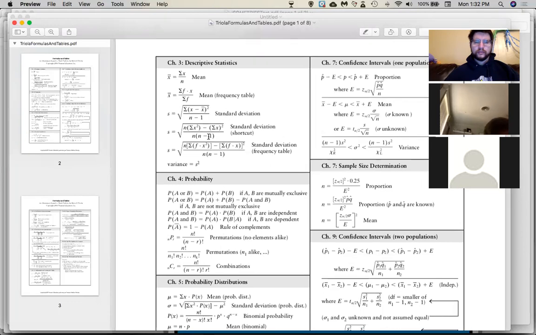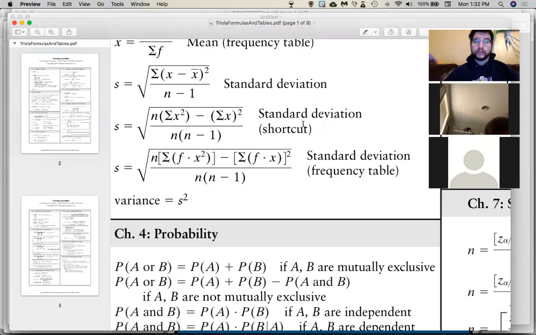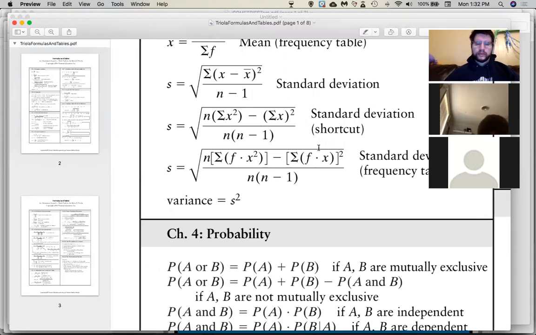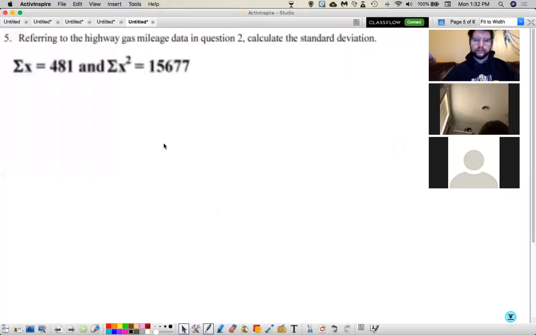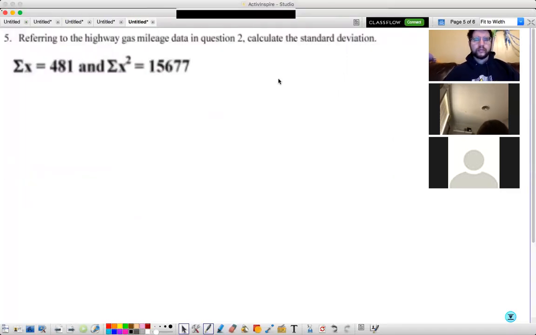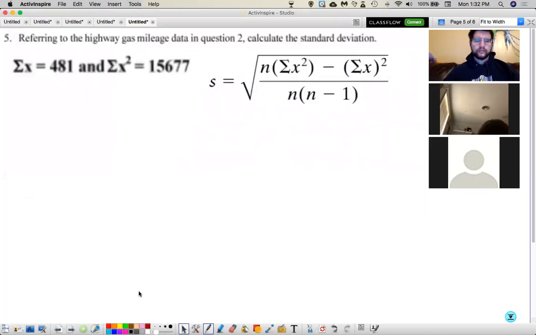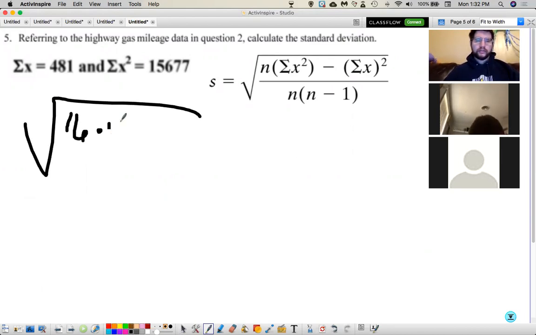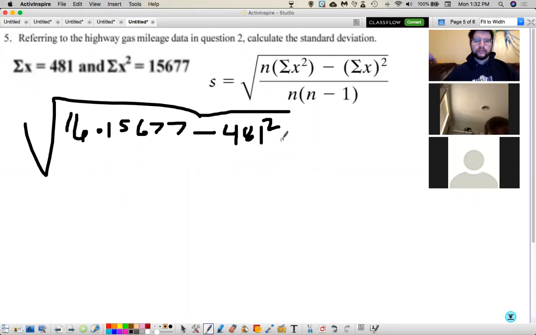So if we look, standard deviation shortcut formula is the one we want, and it's right here. So that's the square root of N, which was 16, times 15677 minus 481 squared, over 16 times 15.